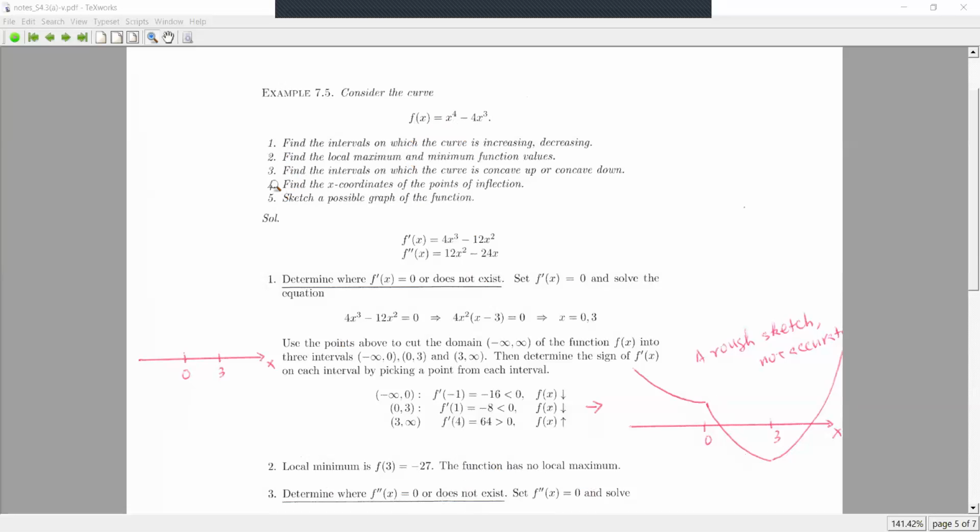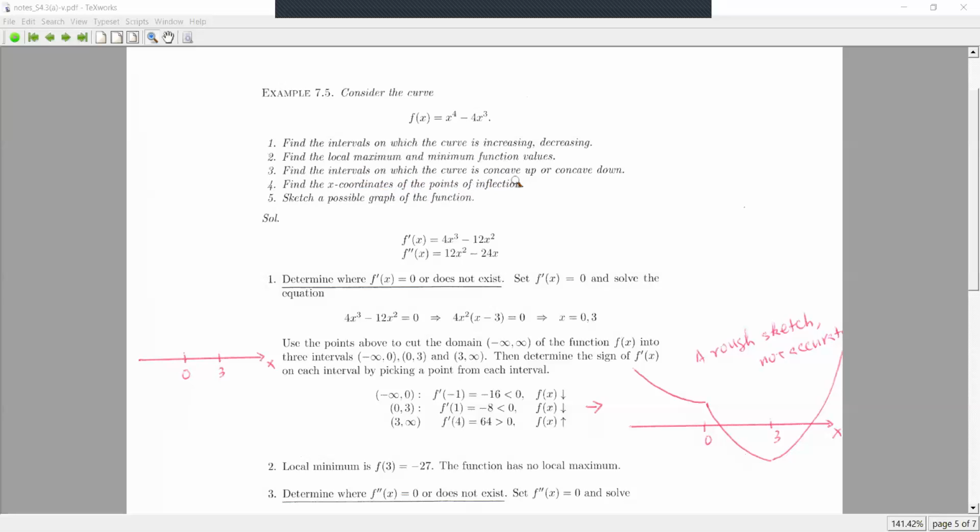Now, question 3. Find the intervals on which the curve is concave up or concave down. You need to consider the second derivative.